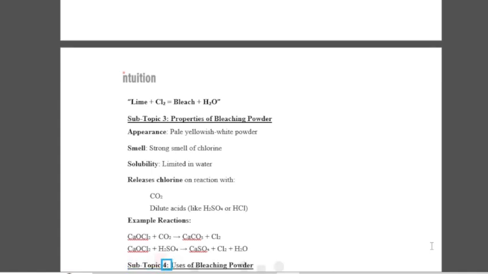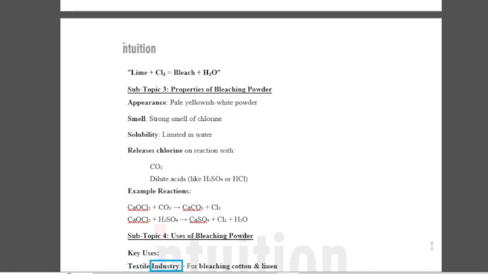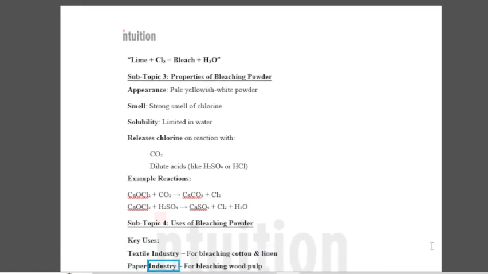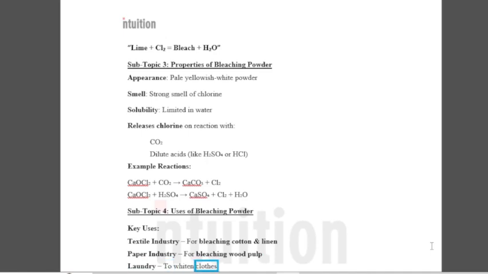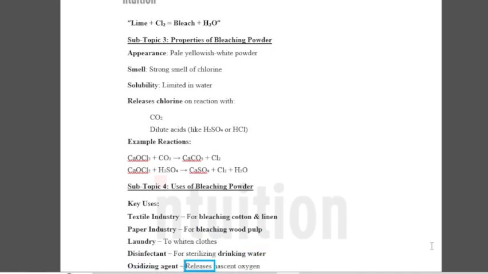Subtopic 4. Uses of bleaching powder. Key uses: textile industry for bleaching cotton and linen; paper industry for bleaching wood pulp; laundry to whiten clothes; disinfectant for sterilizing drinking water; oxidizing agent that releases nascent oxygen.